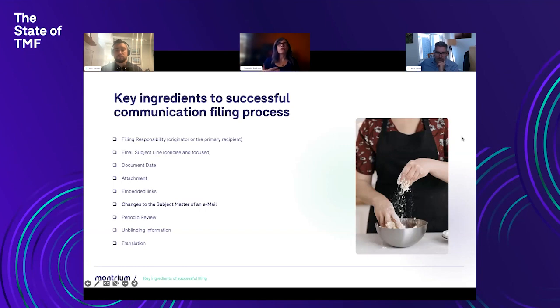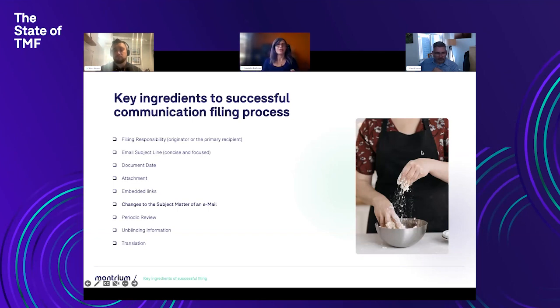So there are a lot of considerations to be made on attachments, because sometimes it makes sense to combine the email with its attachment, sometimes not. So definitely you need to identify the different scenarios that you can face in order to define standard rules, because in that way you can ensure consistency in the process.